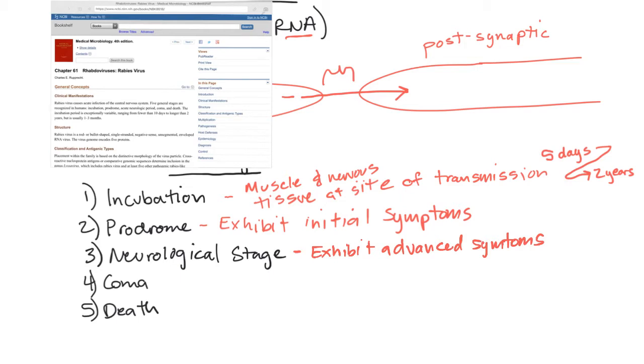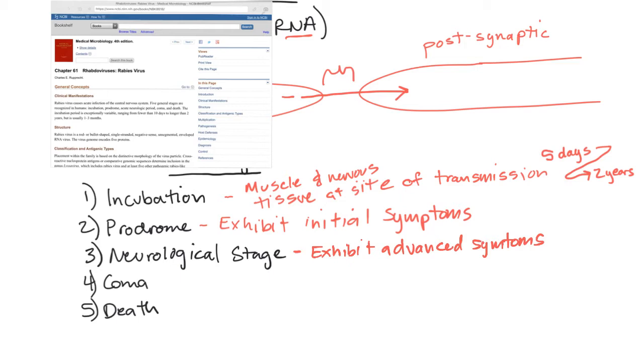So the incubation and prodrome stages are too hard to detect, and we haven't developed a test. If you get bit by a dog who does have rabies, are you almost guaranteed to get rabies? Well, we don't really know, because if we know that, we're going to treat you.